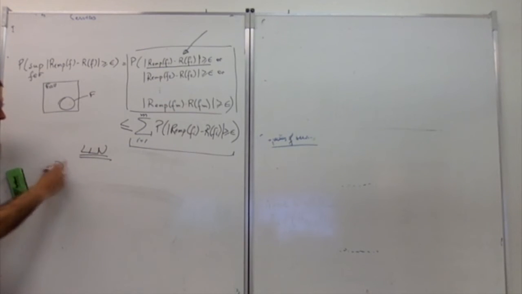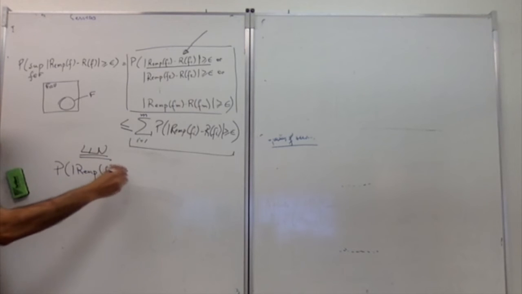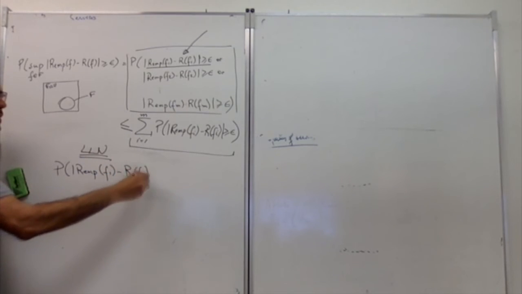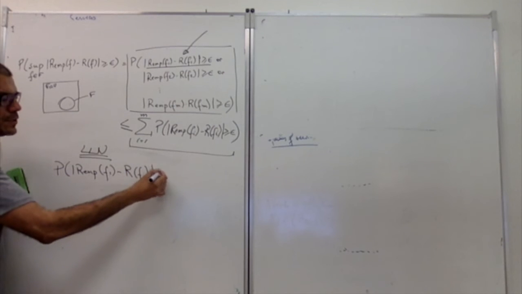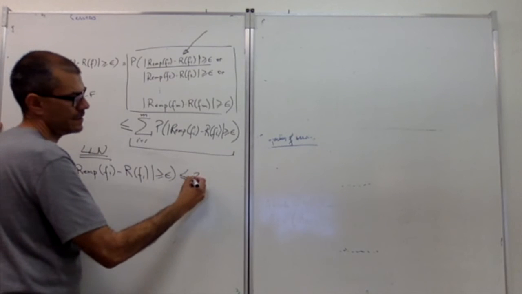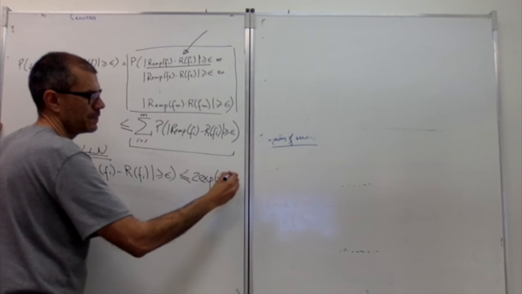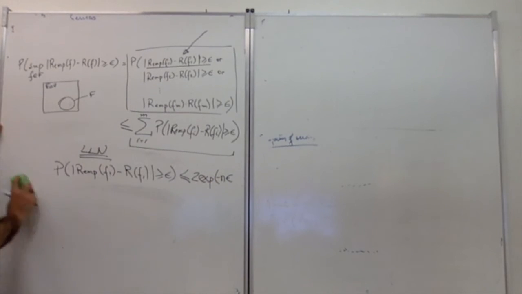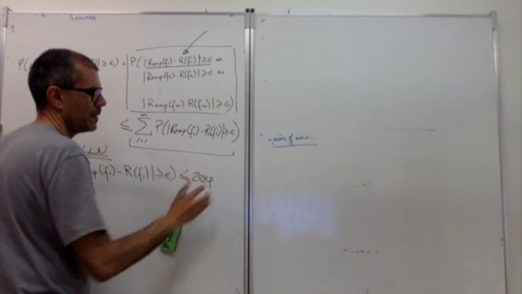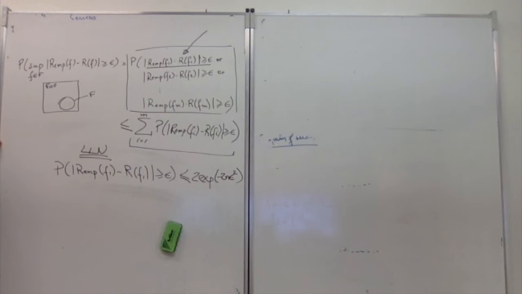So if I have the probability of the empirical risk given a specific function and the expected risk given that specific function to be greater than or equal to some epsilon, this is going to hold. It's going to be 2 times the negative exponential value of minus 2 n epsilon squared. So this holds for single functions.